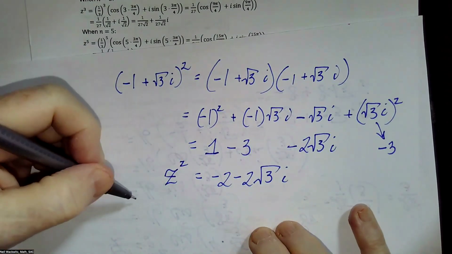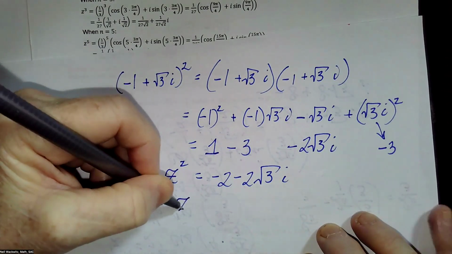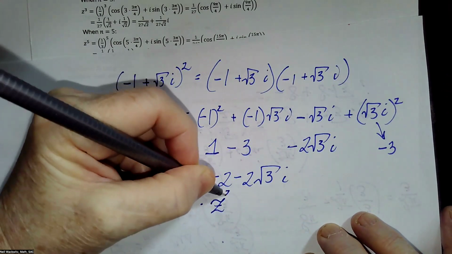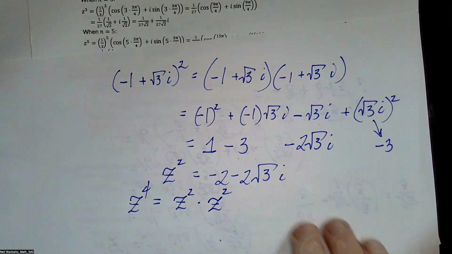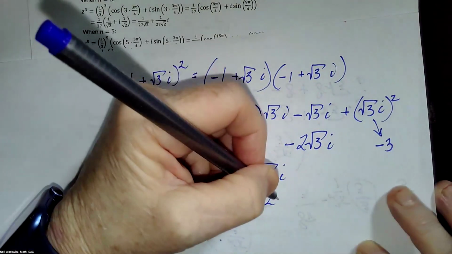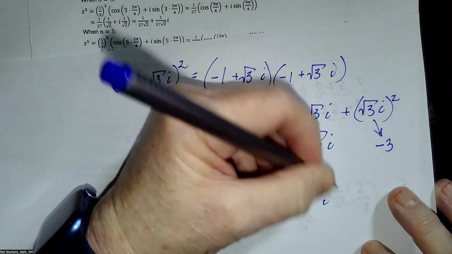We wanted to find z to the 4th. So I'm just going to multiply z squared by itself. So negative 2 minus 2 square root of 3i.